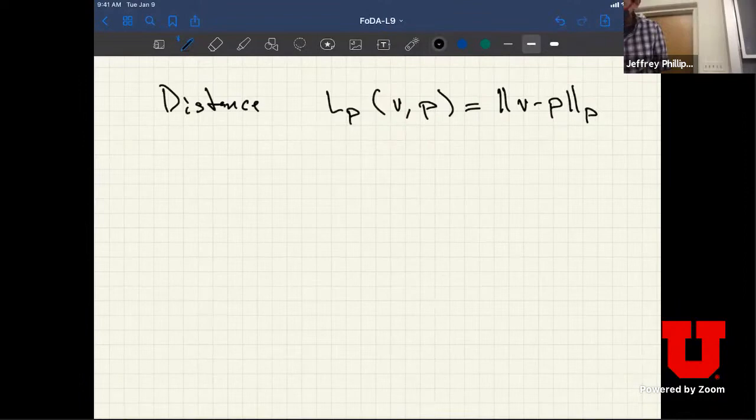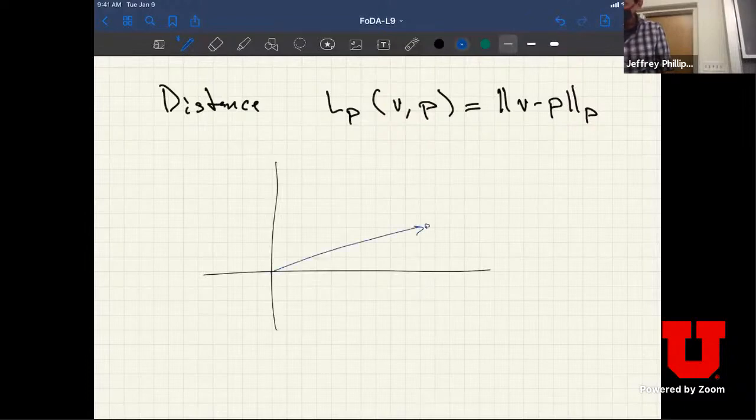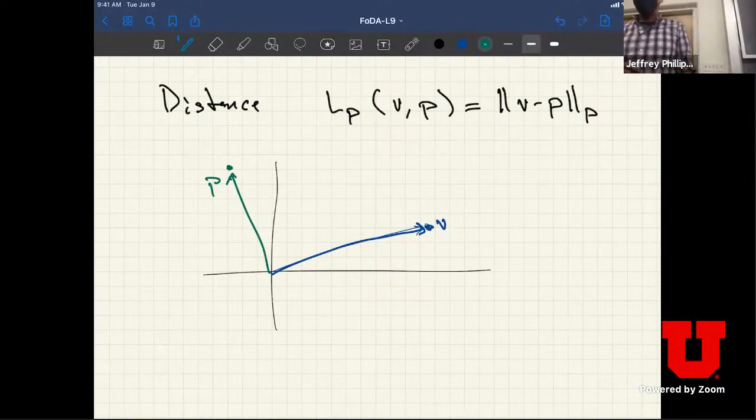So what's going on here? I've got 2 vectors. Let's call this one V. I've got another vector here, call this one P. And I want to measure the distance in between them. How different are these vectors?